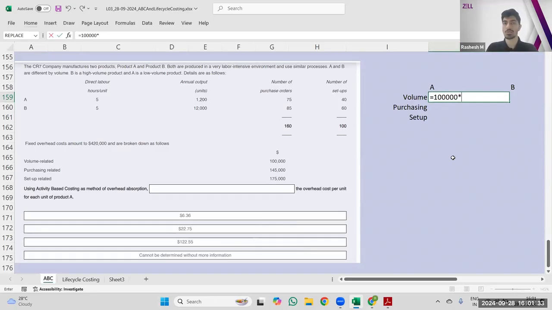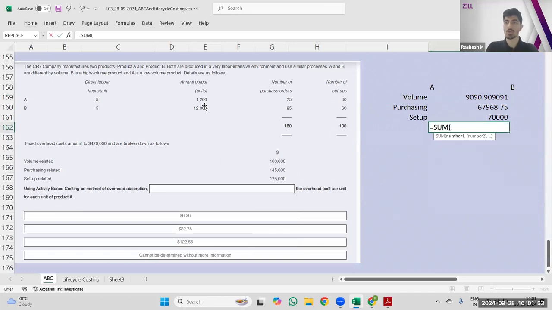So 100,000 split by 1200 units, which is A, divided by the total of 13,200. Same way, purchasing is 1,45,000 by 75 into 160, and 1,75,000 into 40 by 100.